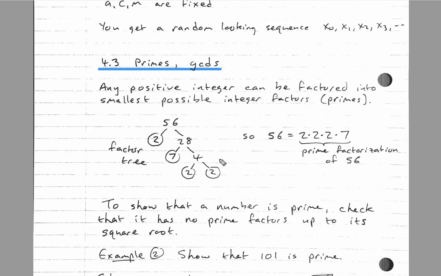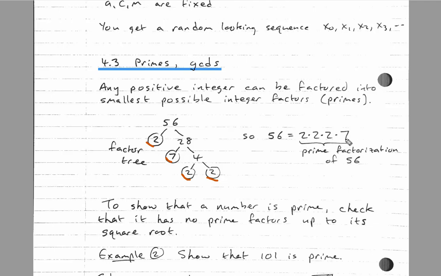So circle these bottom numbers. Those are the primes. You can ignore the middle numbers now. So the prime factorization of 56 is 2 times 2 times 2 times 7. You put them in order. You can also write that as 2 cubed times 7.